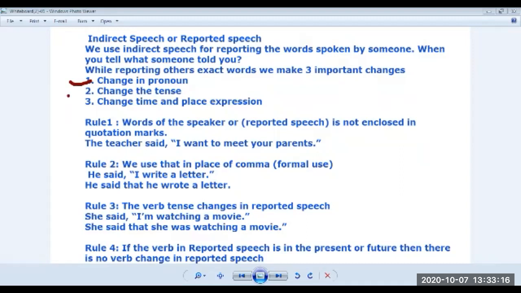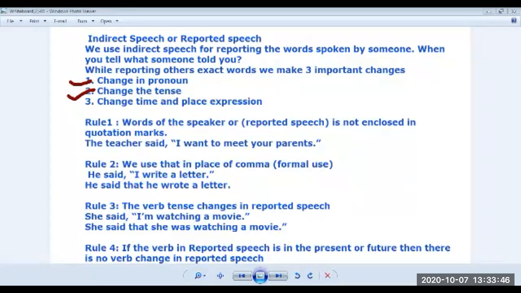Then we have to change the tense. If the reporting verb is in the past, then the tense changes. But if the reporting verb is in the present or future, we don't change the tense. So we change the tense according to the reporting verb. If the reporting verb is in the past, like "said," then the tense will change in the reported speech.